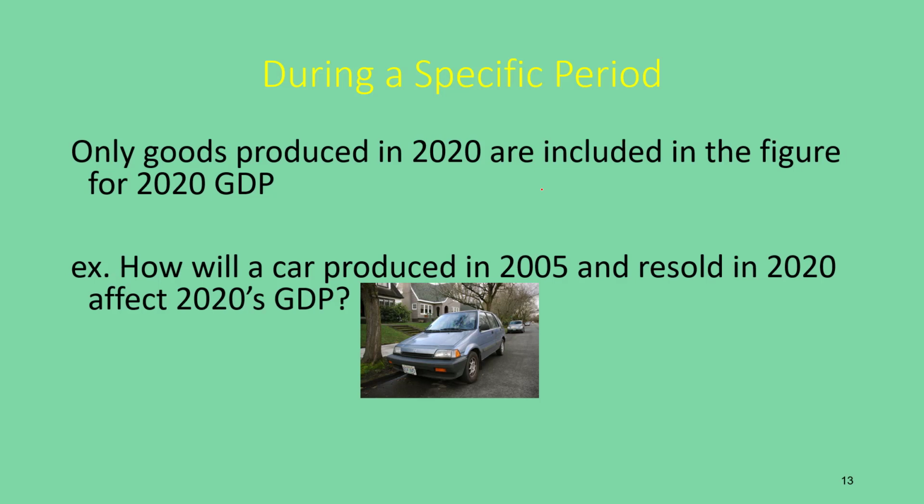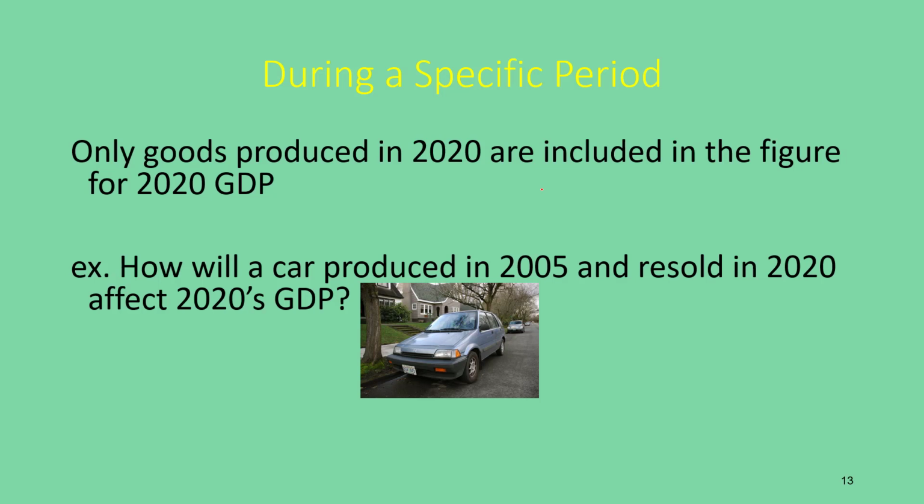Now, if the seller in 2020 did something to fix up that car, like refurbishing it, getting a new paint job, an oil change, or changing the transmission fluid, then the value of those improvements would be included in 2020's GDP, because those are goods or services being produced in that year.